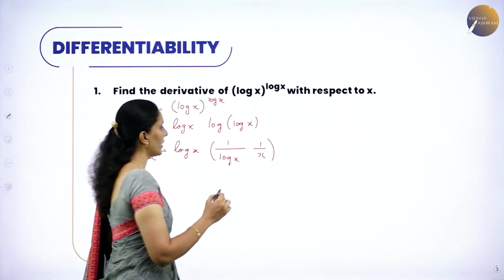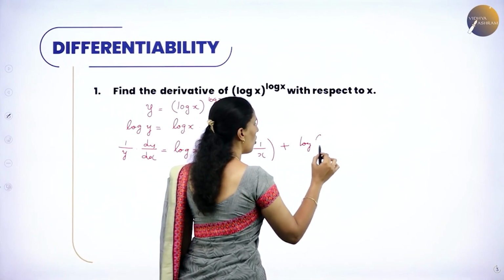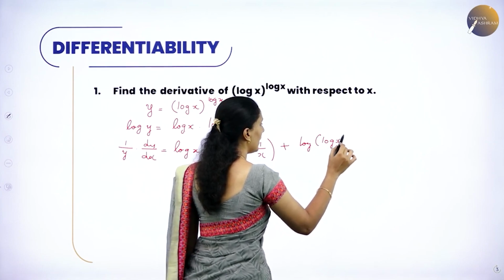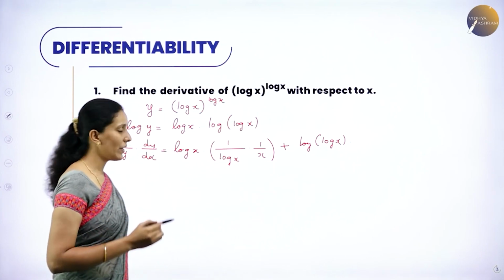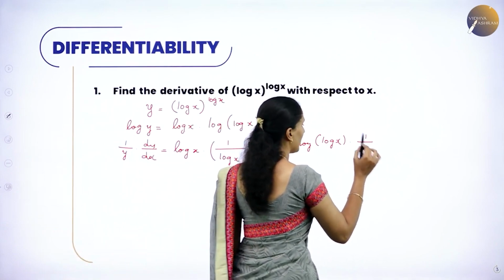So here next we have plus second function, that is log of log x, and derivative of the first function, that is log x, which becomes 1 by x.